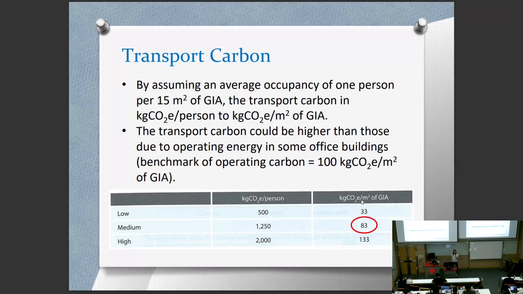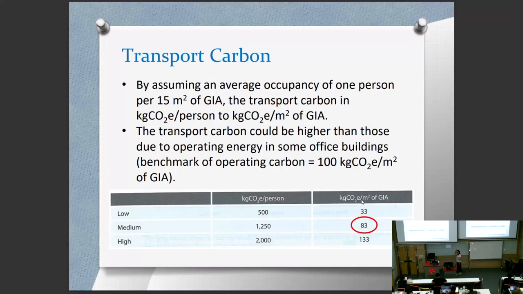Okay? So in order to add up embodied carbon, operating carbon and transport carbon, we have to convert them into the same unit, right? So for embodied carbon and operating carbon, the unit would be kg of carbon dioxide equivalent per square meter. And for transport carbon, it depends on the number of occupants, right? So for an office, if we have many employees and they all drive, it will result in larger carbon emissions.